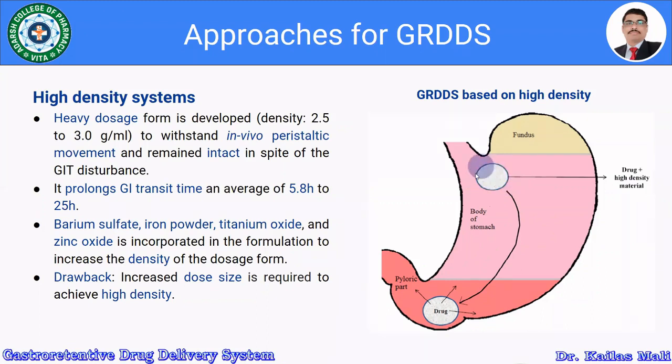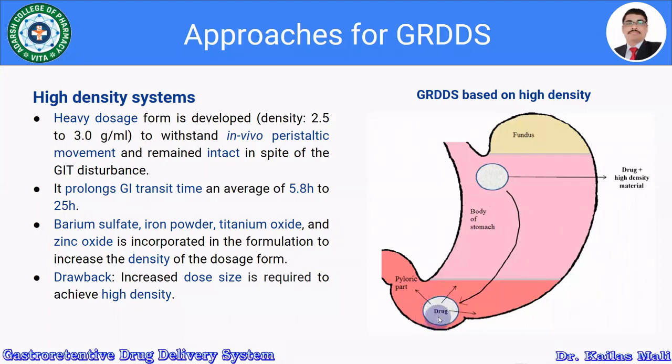When the formulation is swallowed, due to its high density, it sinks to the bottom in the antrum region, and here the drug is going to be released. Due to the higher density of the formulation than the gastrointestinal fluid, it is going to be retained in the stomach for a long time period.